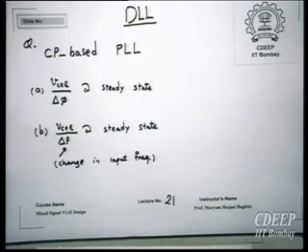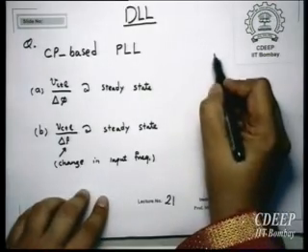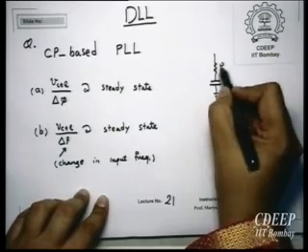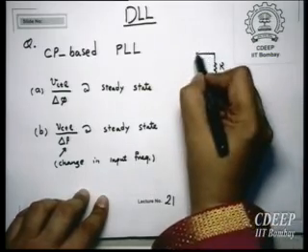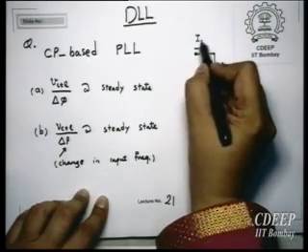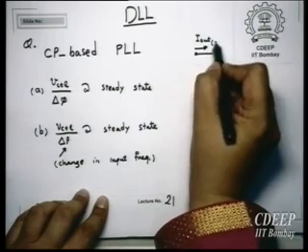For the charge pump, just consider you have this at the output of the charge pump: just one capacitor, one R. So it is lossless. This is I out of the charge pump.